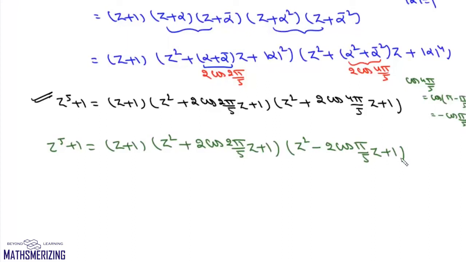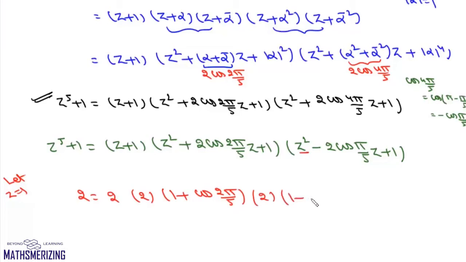Now what we'll do is we'll let z equals 1. So we'll get 2 equals, and here 1 plus 1 will be 2. We'll take this 2 common. We'll get 2 into 1 plus cos 2 pi by 5. And here also we'll take 2 common.